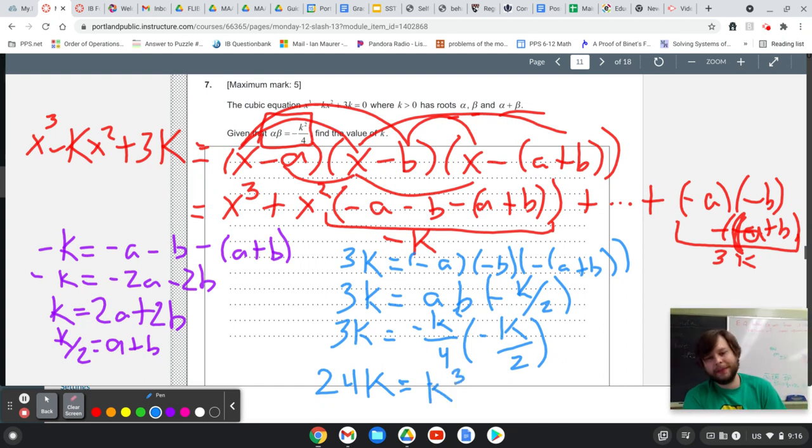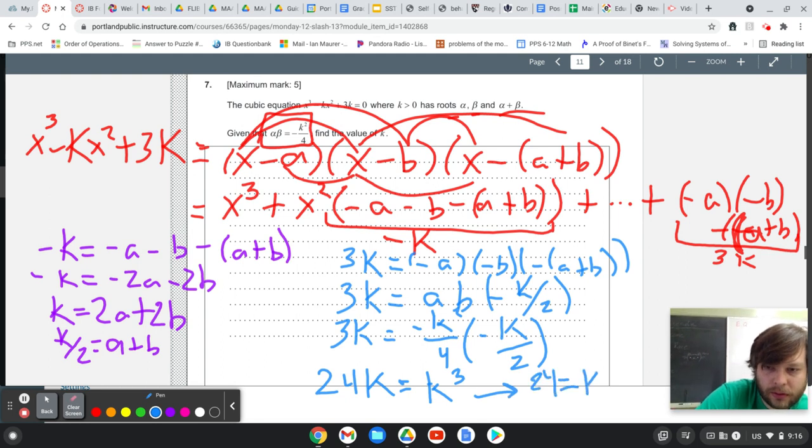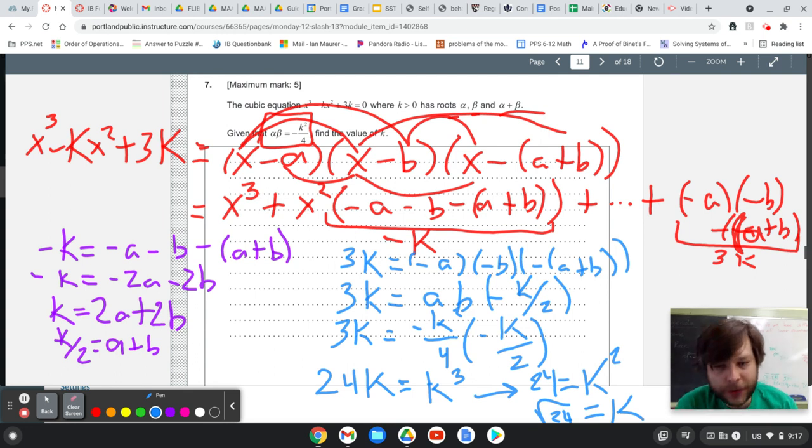You can divide both sides by k because k is greater than 0. And so then you get 24 equals k squared. And then you take the square root. And that should be good there. Unless I made some little numerical error, that's the process here.